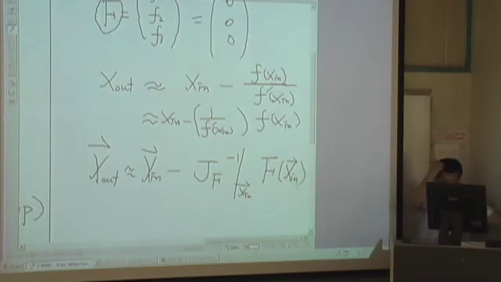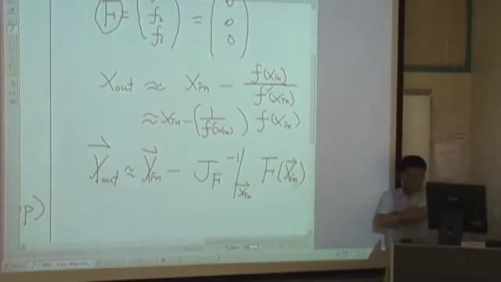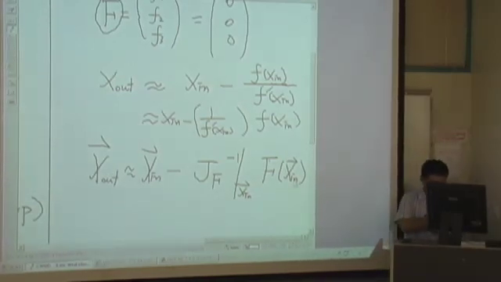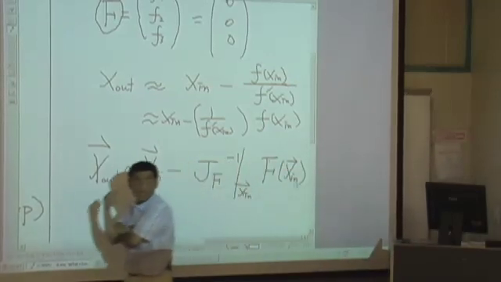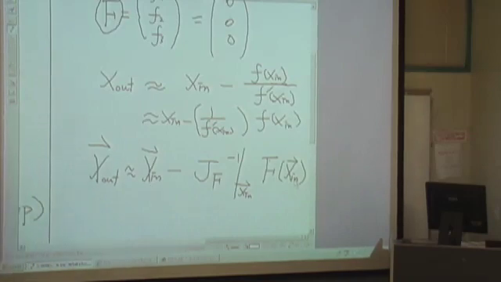So this is Newton's method in matrix form. Essentially, we are handling the same thing. The only difference is the reciprocal. There is no reciprocal in matrices, so instead of reciprocal, we use inverse.